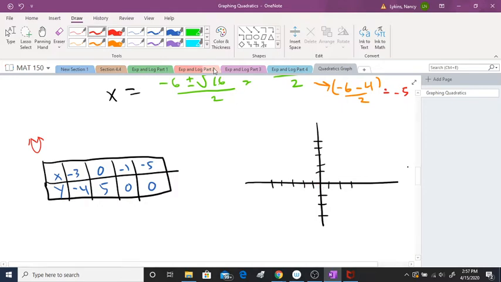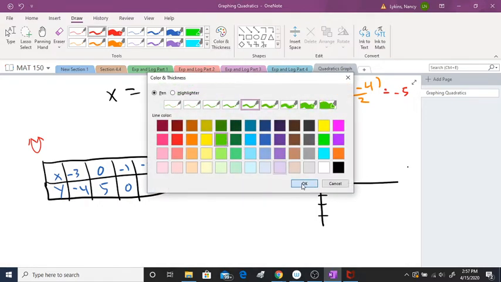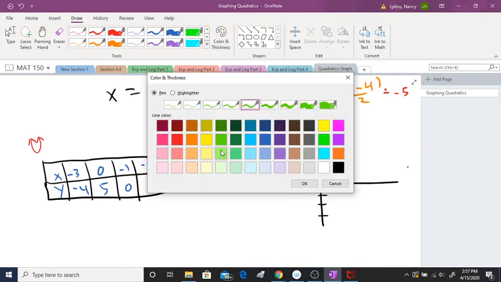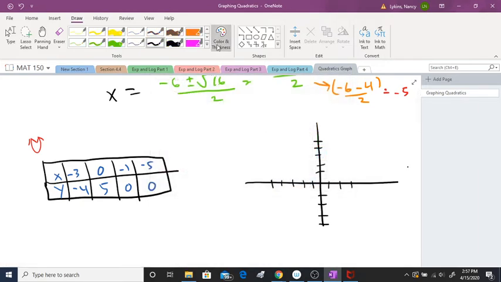So let's plot these. Negative 3, negative 4, right here, that's my vertex.